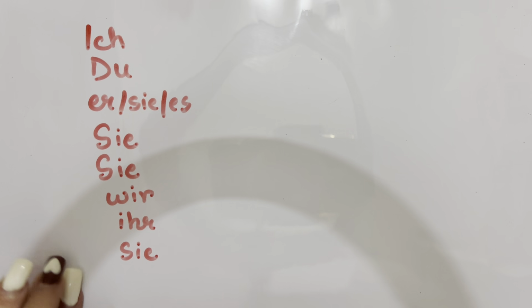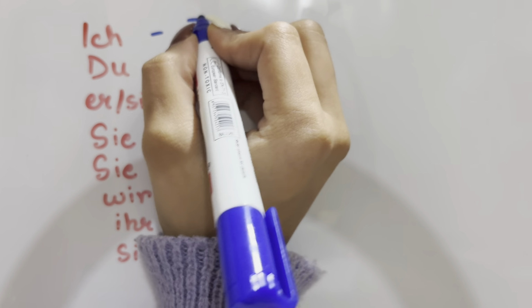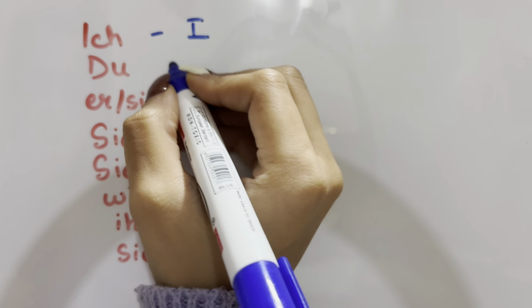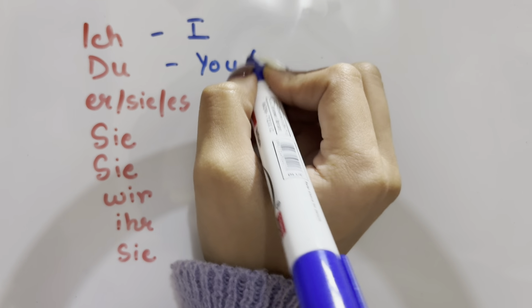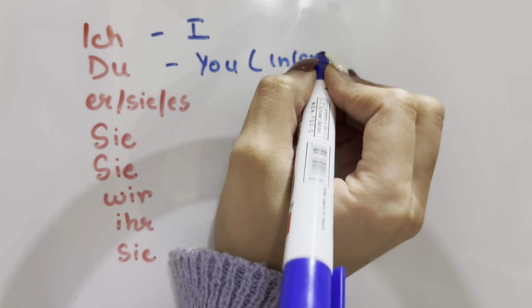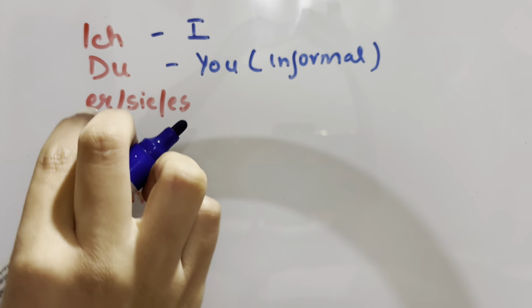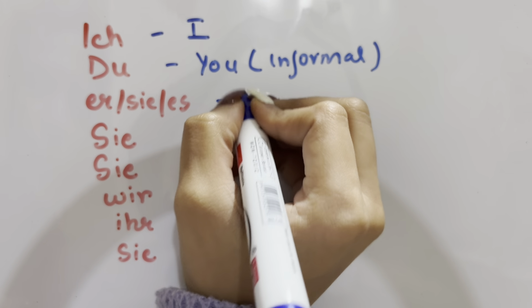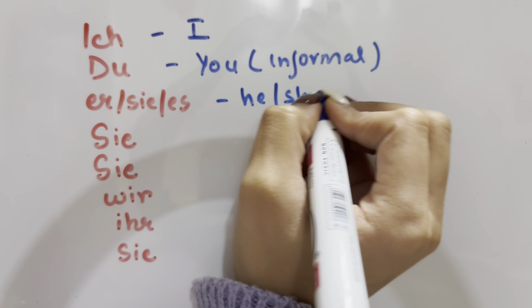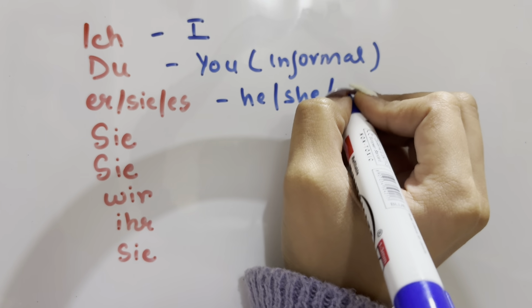So these are all the pronouns that are there in German. Ich means I. Du means you, and it is informal. Er, sie, es means he, she, and it.